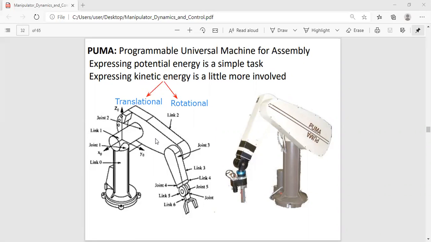Translational is easy. Why? Because from the x, y, z positions of the center of gravity, we can use the chain rule of differentiation. We know, for example, x is a multivariable function of θ1, θ2, θ3. You could actually have 6 joints. You can do all that chain rule. You can find x prime, y prime, and then also z prime.